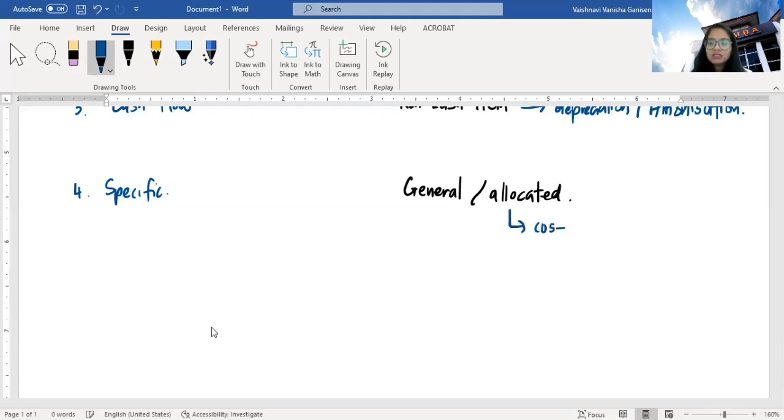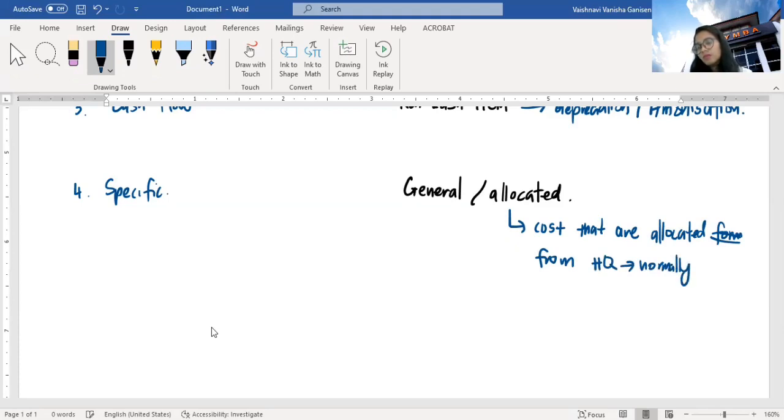So these are costs that are allocated from HQ. This is normally overheads.